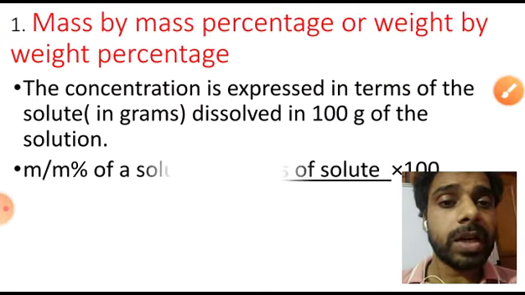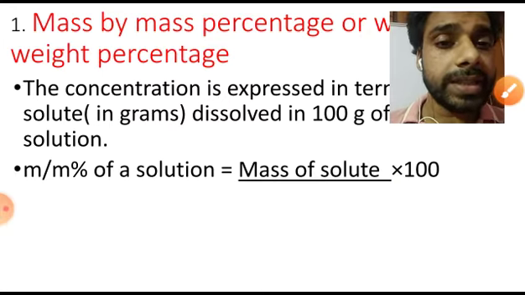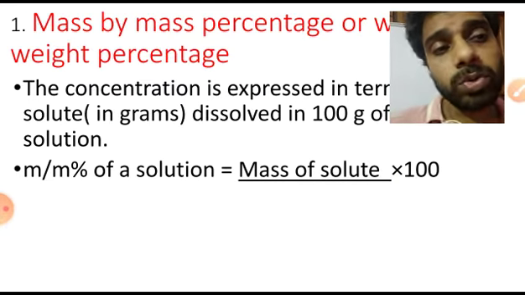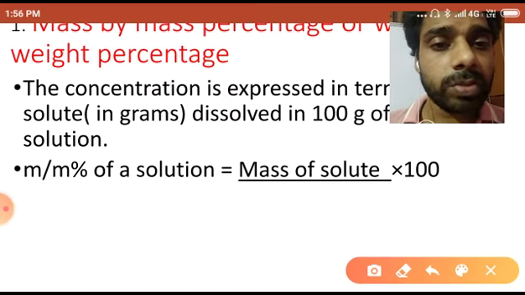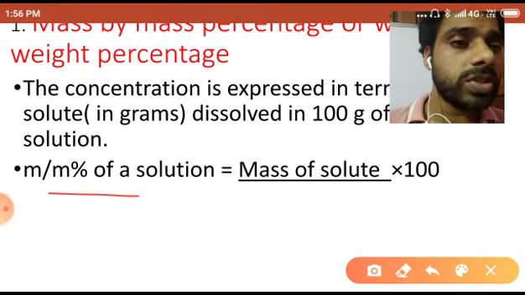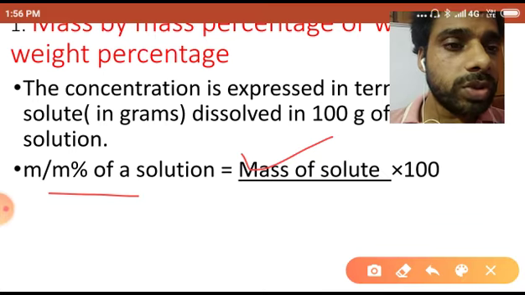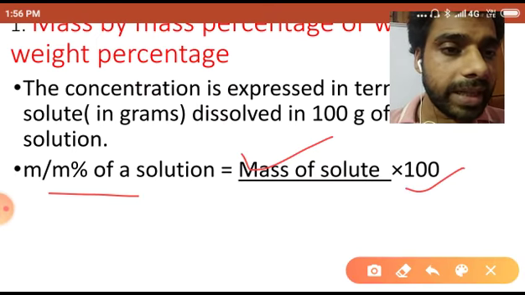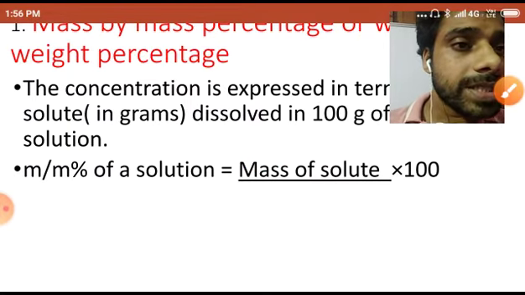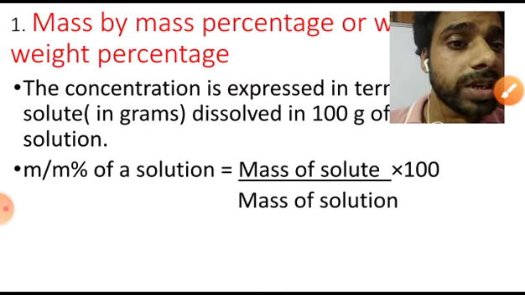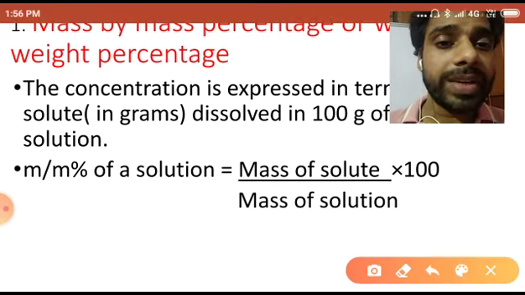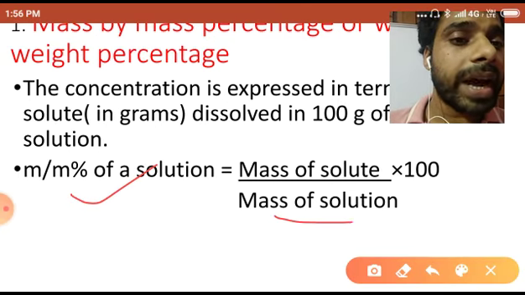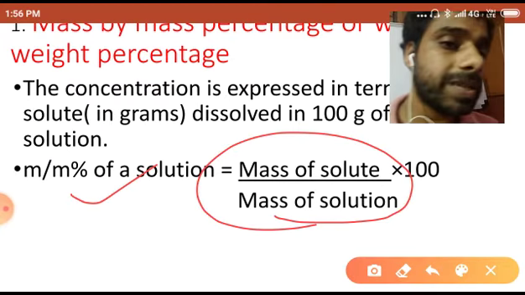Now how can we write the formula, because I have to calculate numerical problems from that. This is the formula: m by m percent of a solution is equal to mass of solute into 100, and at the denominator, mass of solution. This is the formula we can apply to find the mass by mass percentage.